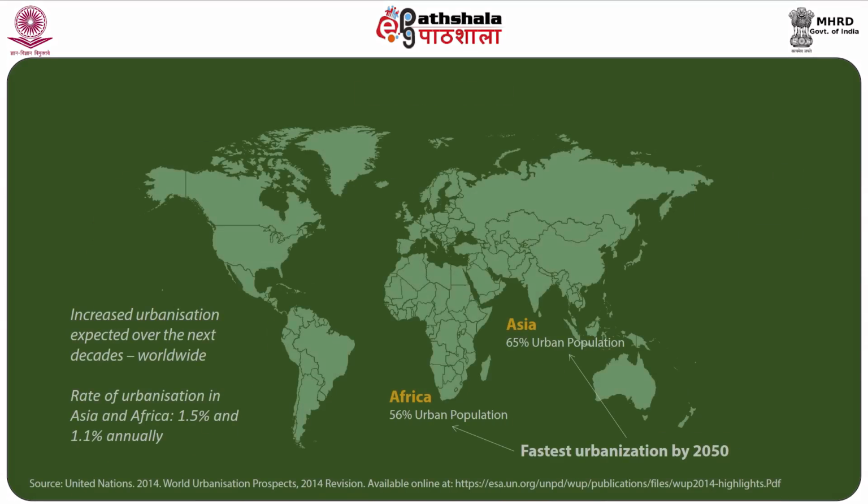Overall, it clearly shows that increased urbanization is expected worldwide over the next few decades, and the fastest urbanization is going to be in less developed countries and regions like Africa and Asia, which are projected to reach 56% and 64%, with the rate of urbanization in Asia and Africa being as low as 1.5% and 1.1% annually.